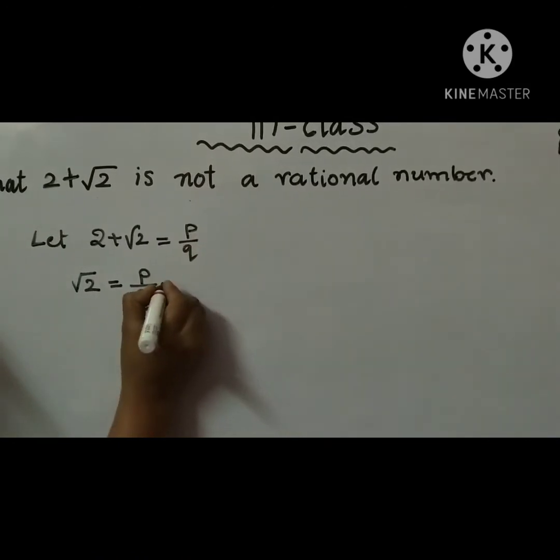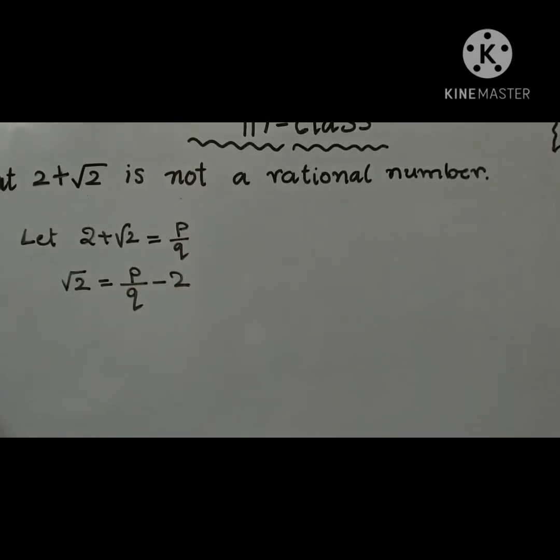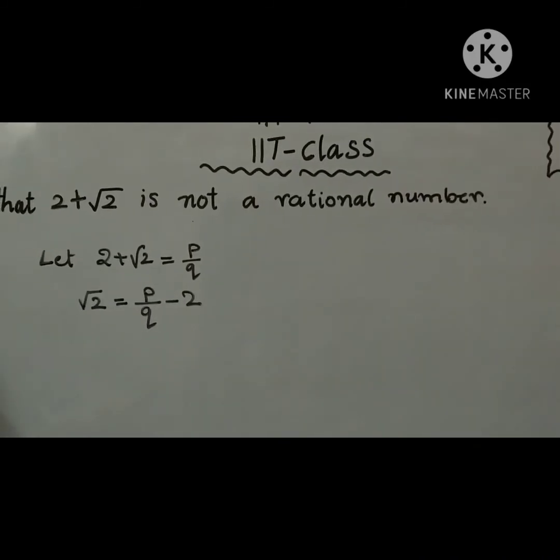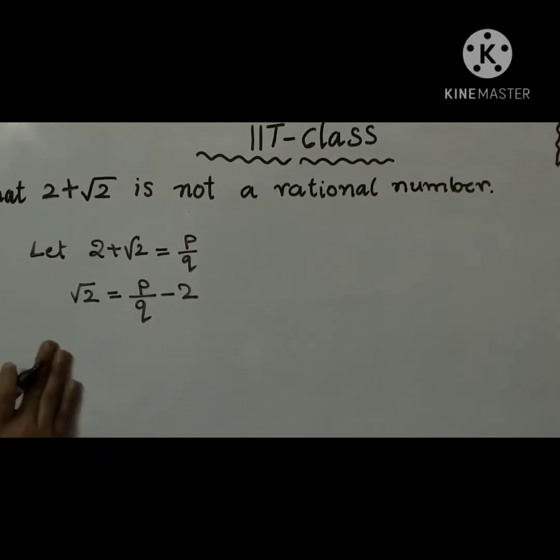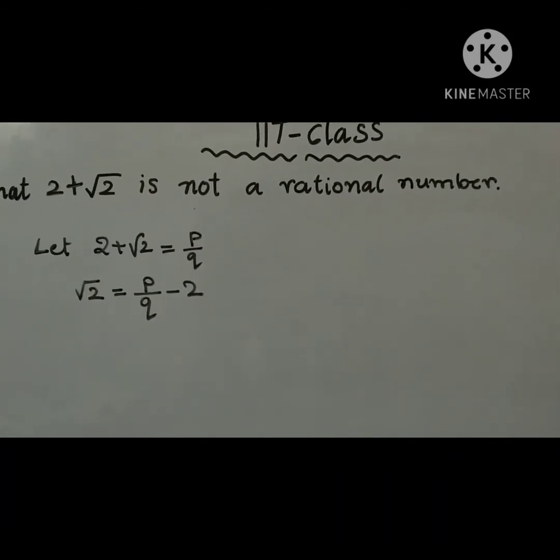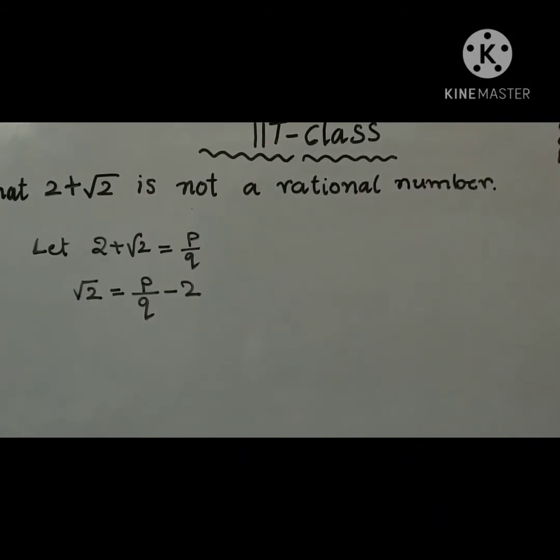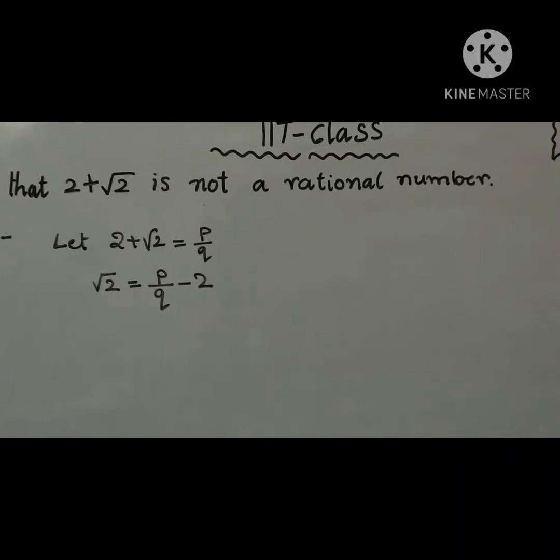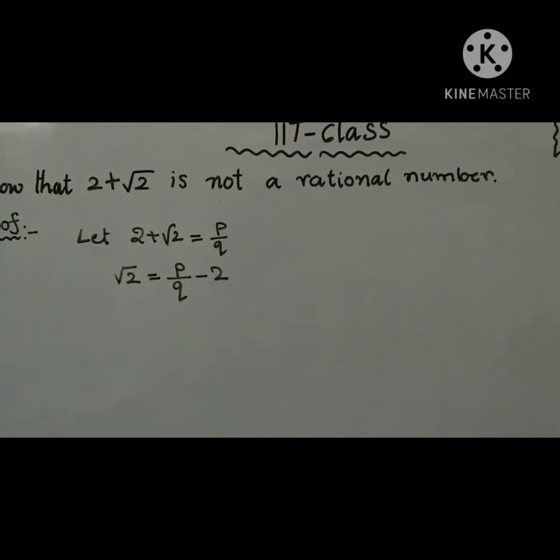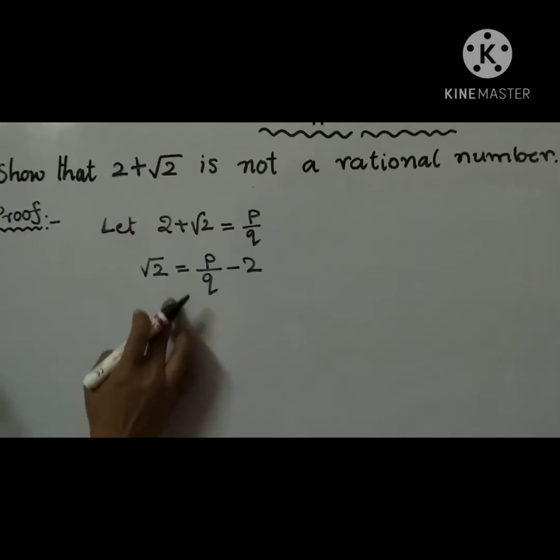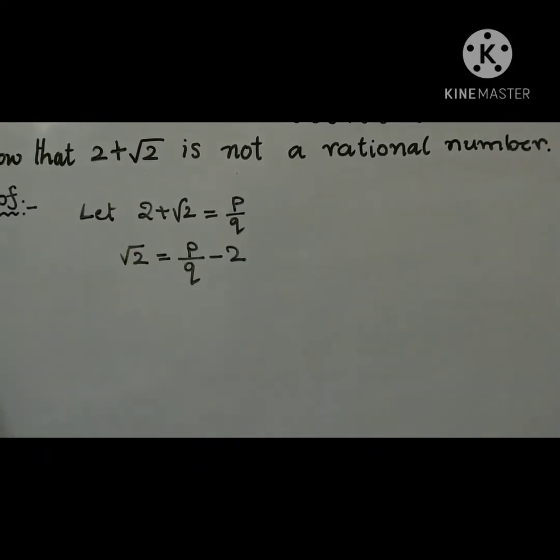Positive quantity becomes negative quantity, so root 2 is equal to p by q minus 2. Already we know that root 2 is not a rational number, because root 2 is an irrational number.